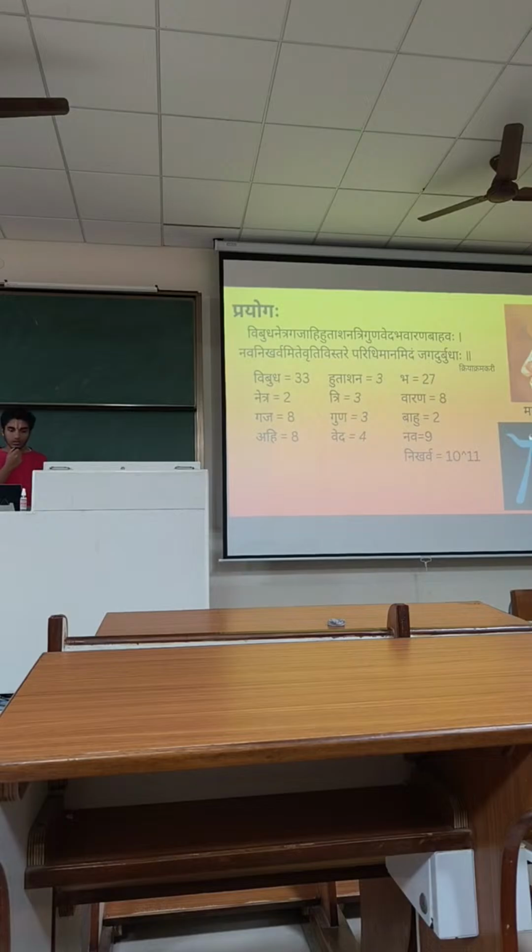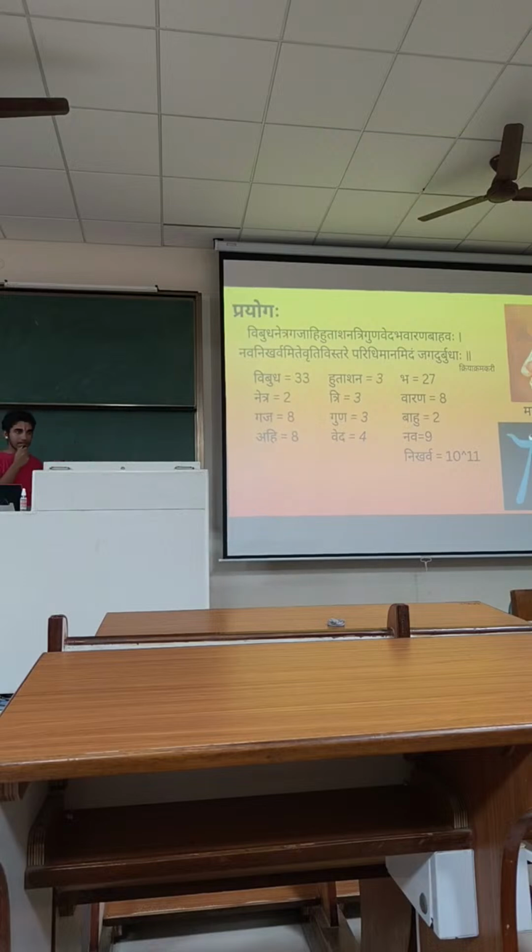Hutashana is also fire. There are 3 types of fire. Tejas and there are 2 more. Pa is 27. Varana is 8. Varana is also elephant. Bahu, we have 2 arms.